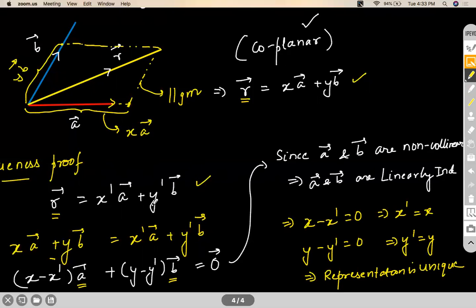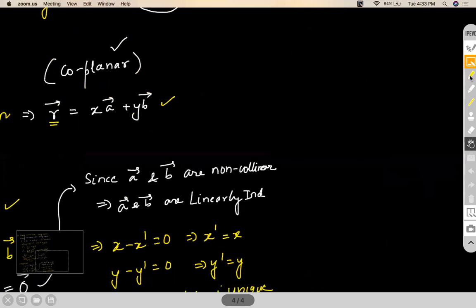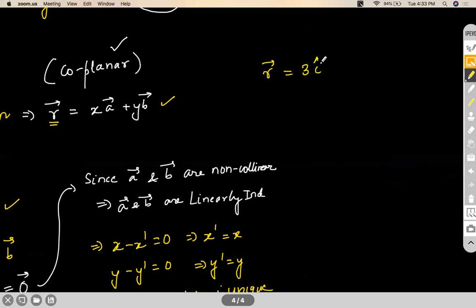Okay. Now, I would pause here for some time and try to explain this. When you write a vector in 2D in terms of I and J components, normally when we write a vector, let's say R in 2D as 3I plus 4J, remember that it is not necessary that these two vectors you have chosen have to be perpendicular.